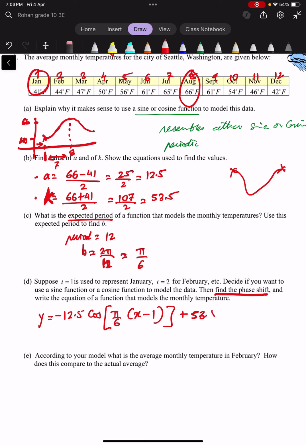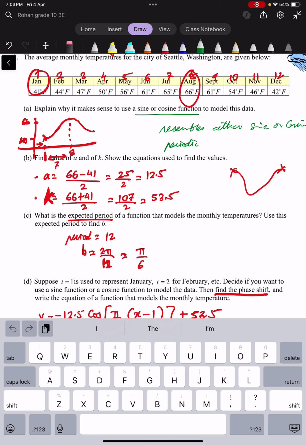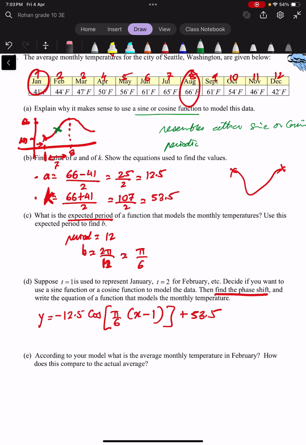Now if you want to use the sine function, you'll have to start from this point, the midpoint of these two. So that would be 4.5, because 8 plus 1 divided by 2. So this will be the principal axis.